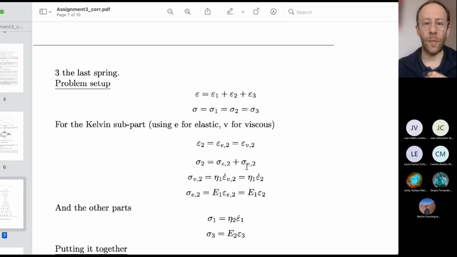Once you set up these small equations, then you can gather all of the different small constitutive relationships corresponding to the different parts. For example, for the stress in a viscous part, you're just going to put the viscosity and the strain rate for this part.